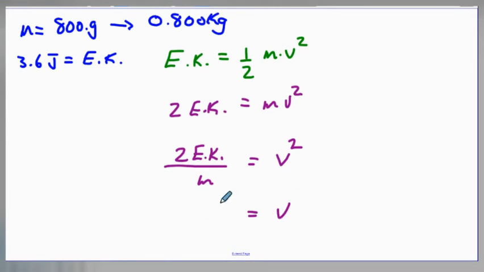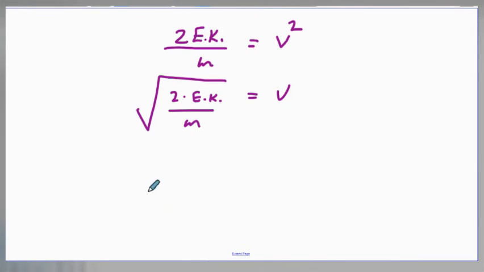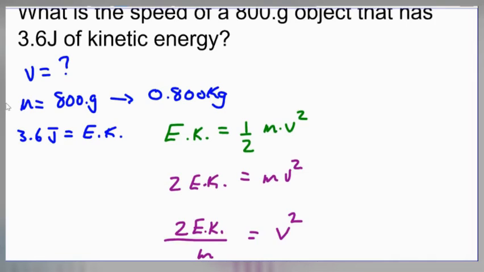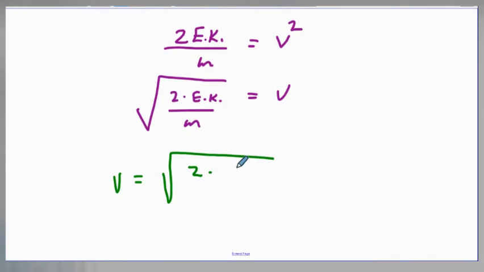So the velocity would be the square root of 2 times the energy divided by the mass. That seems pretty straightforward. Let's see if we can get an answer. The velocity is the square root of 2 times kinetic energy, which is 3.6 joules, divided by the mass, which was 0.8 kilograms.